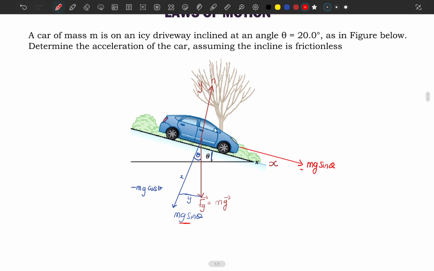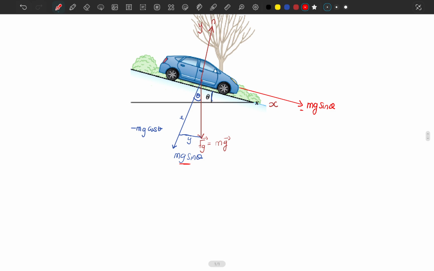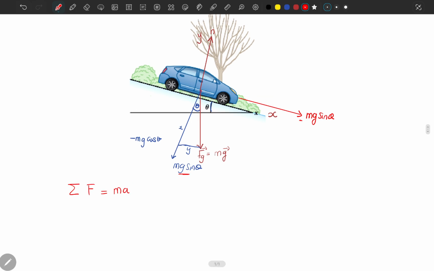If we apply Newton's second law of motion, the sum of forces acting there should be equal to mass times acceleration. We've said our acceleration is in the X direction and not the Y, so we apply a subscript X to remind us. Now let's take all the forces acting in the X direction.